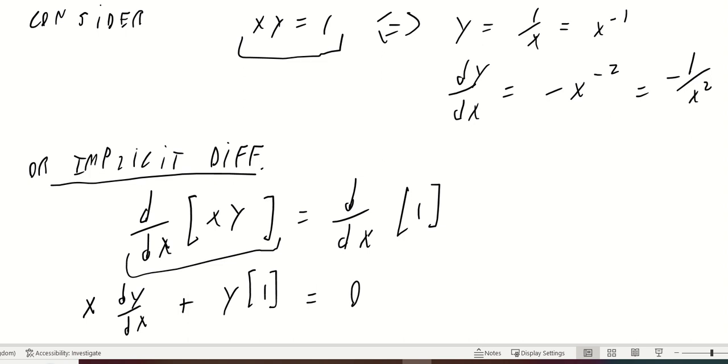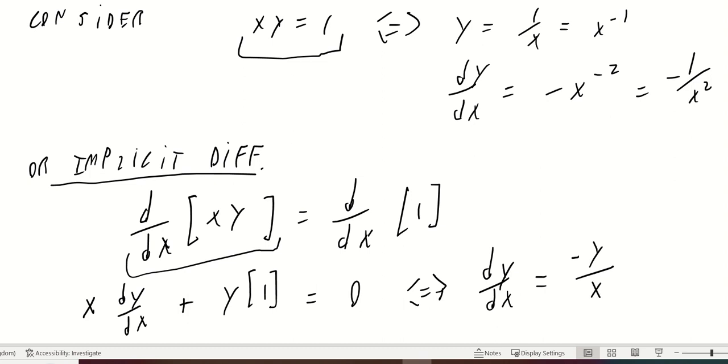So this equation is true if and only if we can say that dy/dx would be equal to, bring the y over to the other side, we get minus y, and then divide across by x, and we get minus y over x.